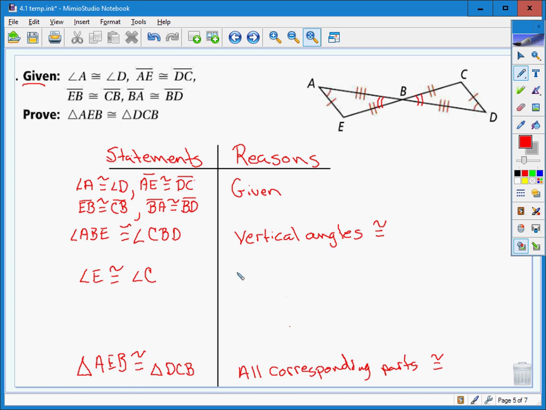Very good. The third angle theorem. If 2 angles of one triangle are congruent to 2 angles of the other triangle, then the third angle also has to be congruent.